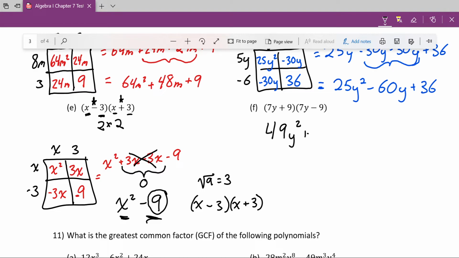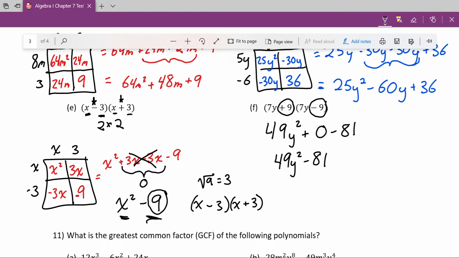We know it's actually going to just be a 0. So we're going to focus on the last term, this positive 9 times this negative 9. Positive 9 times negative 9 is negative 81. So our answer can literally look like 49y squared minus 81.